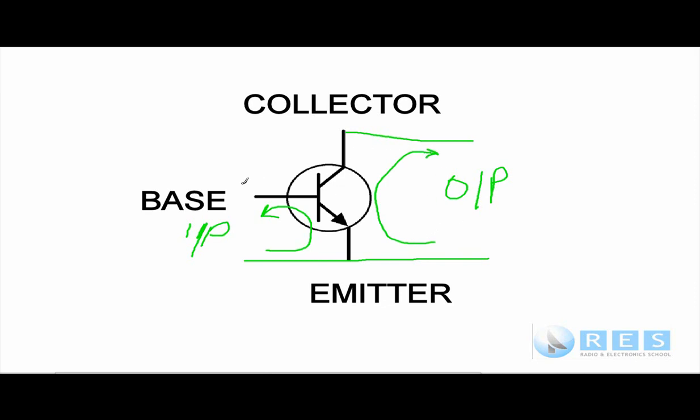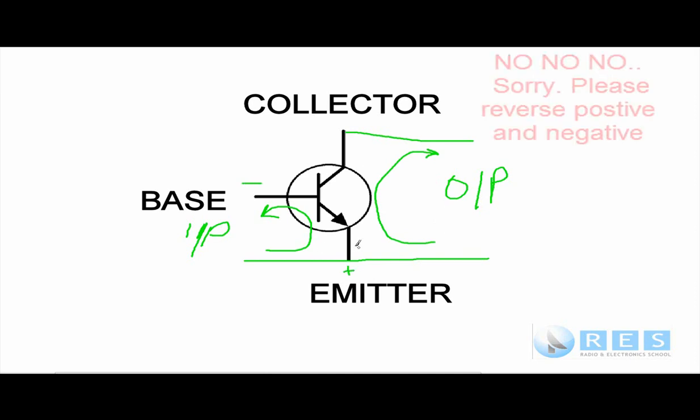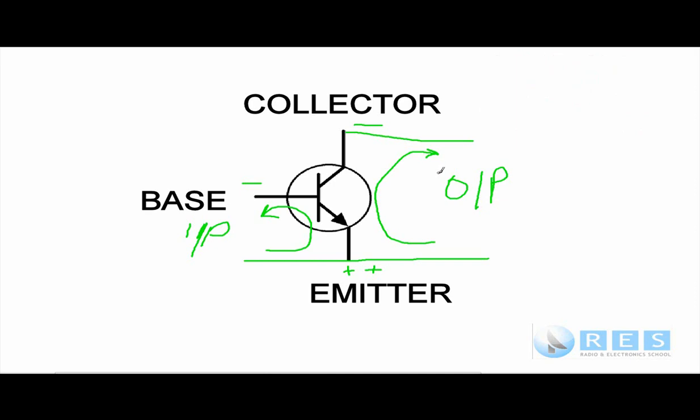So that would have to be negative and that would have to be positive. And in this circuit, that would have to be negative and that would have to be positive. And for a PNP transistor, those polarities would be reversed because the arrow is pointing inwards like that.